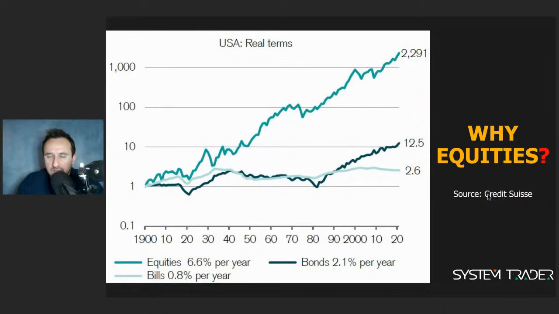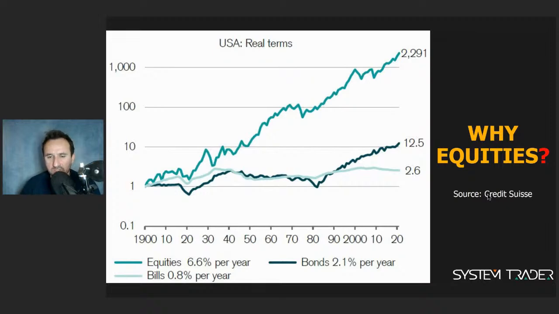Where we see American stocks from the year 1900 till the beginning of 2020. And over such a long period, equities in real terms were making about 6.6% per year. And real terms means after inflation, or inflation adjusted.